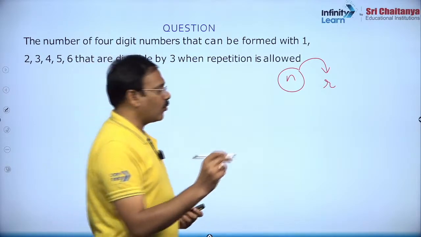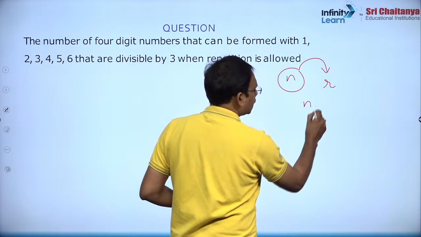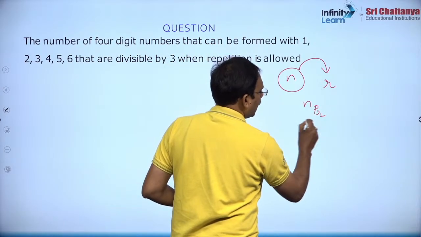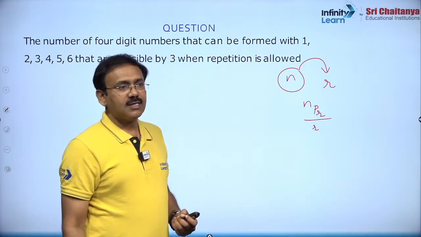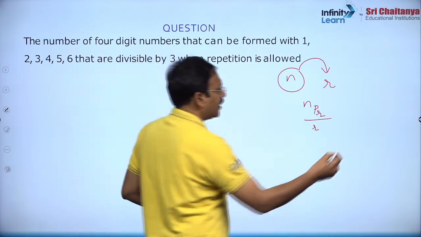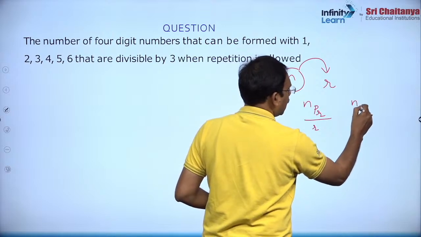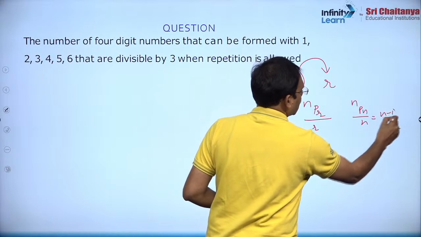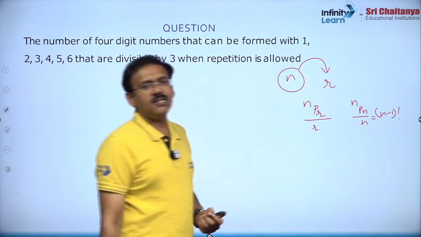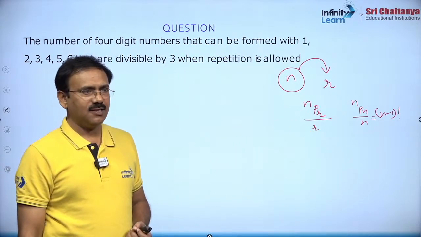Suppose you want to arrange them in a circle, the answer is nPr by r. If you are taking all, this becomes nPn by n, which is (n minus 1) factorial. Two points related to circular arrangement.